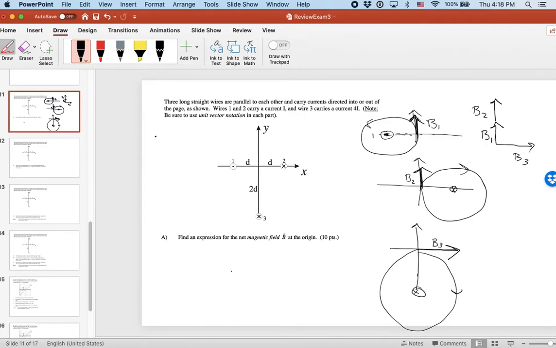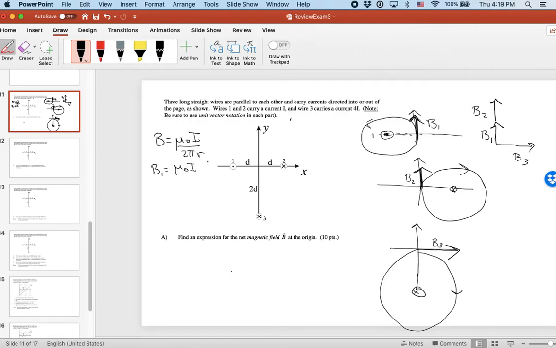I know my B field magnitude is equal to mu naught I over 2 pi r. So for 1, B1 is going to equal mu naught I over 2 pi d. Wire 1 and 2 carry a current of I, and 3 carries a current of 4I.